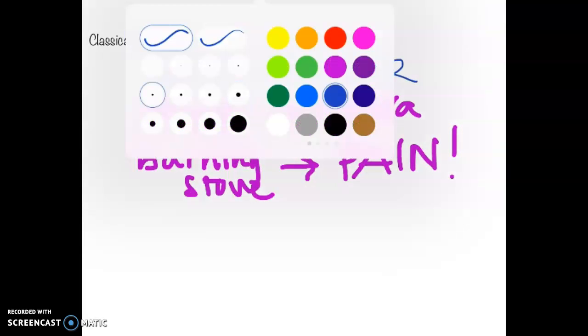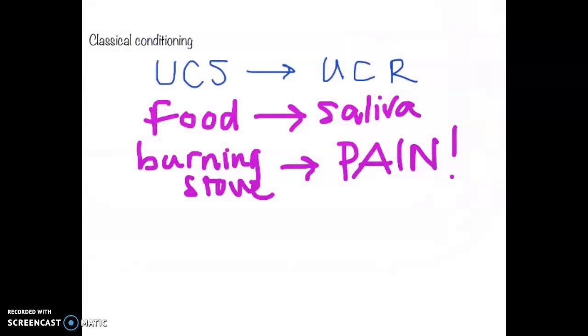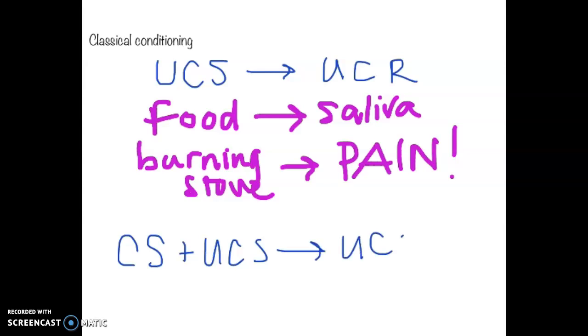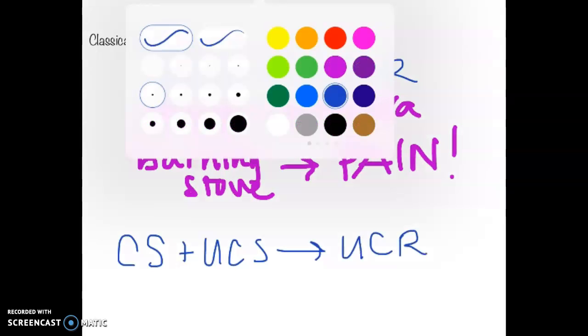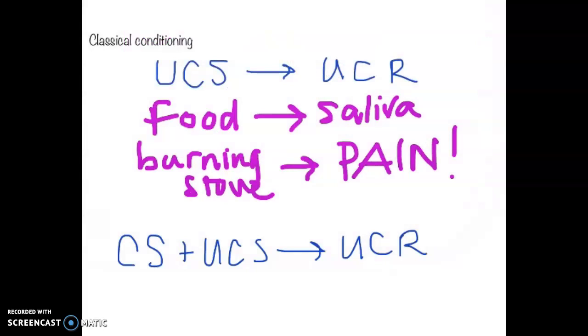Now, you can manipulate this if you add a conditioned stimulus. The conditioned stimulus plus the unconditioned stimulus is going to lead to the unconditioned response, or the conditioned response. They're the same.